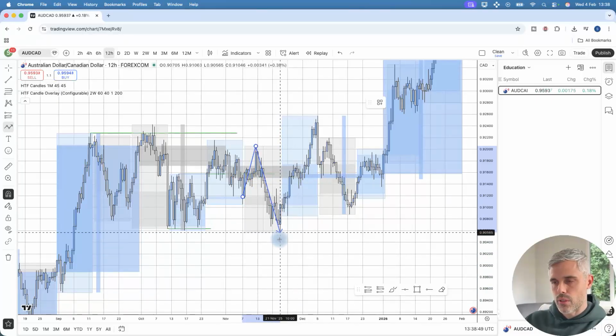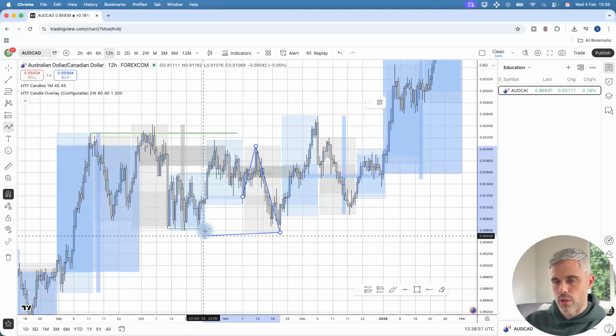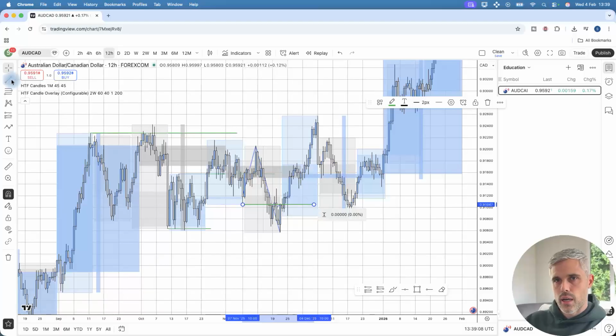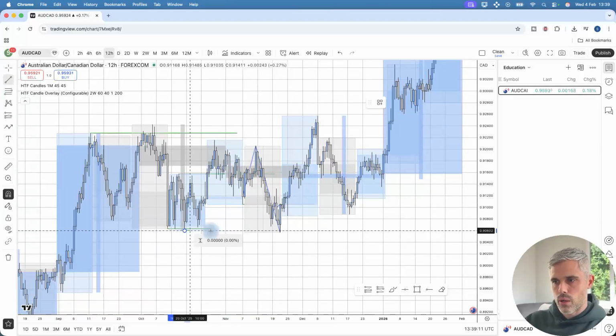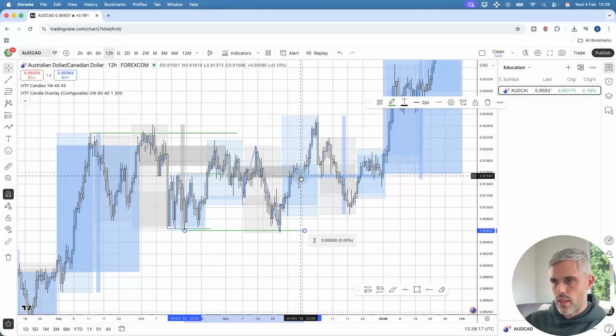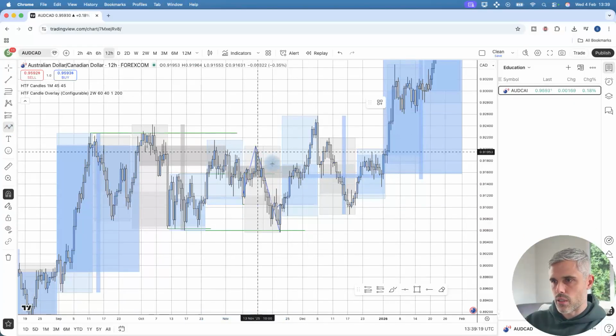But what actually happens is we get a break below the previous monthly low, a structure shift that we described in the last video or last few videos, and a close inside of this 2 week candle. So we have a 2 week manipulation candle which closes and confirms right here, and we're also sweeping below a monthly low. So as soon as this candle closes, there's only one place for price to go.